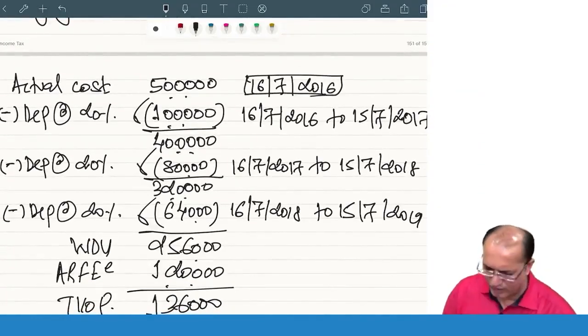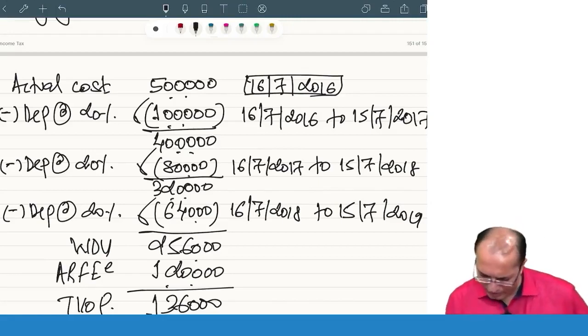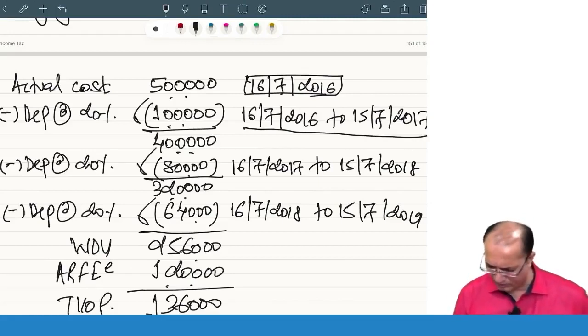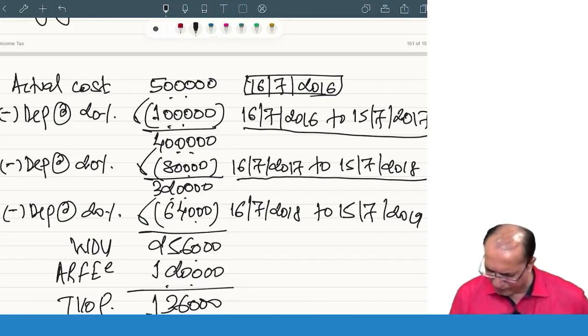So from 16 July 16, on which date will 1 year get completed? 1 year will get completed on 15 July 17. So for this year I have deducted depreciation. This is my first year. Second year is from 16 July 17 to 15 July 18.